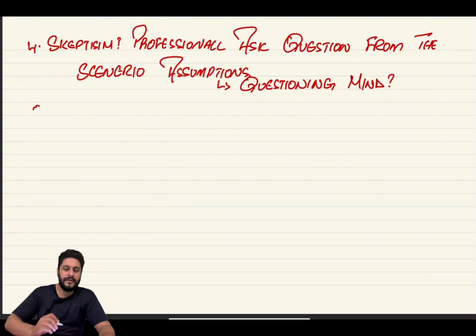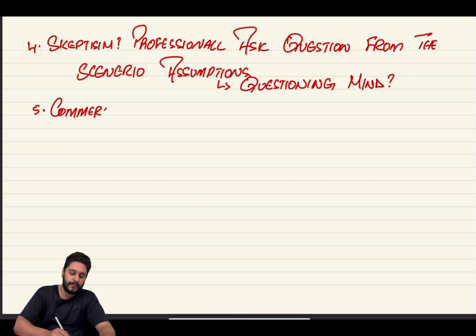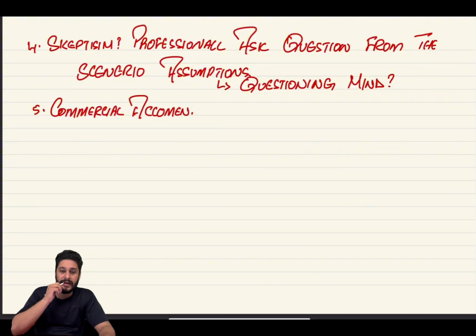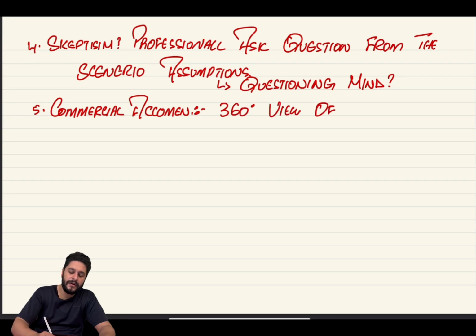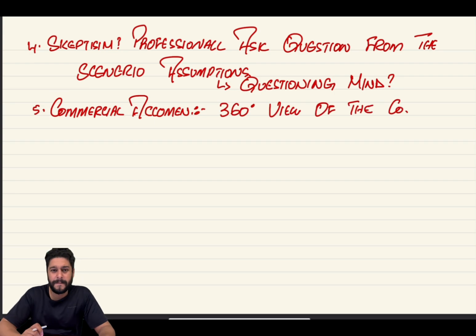Then the fifth and the most important skill is commercial acumen. Commercial acumen means a 360-degree view of the company. We are going to look at the company from a 360-degree perspective.